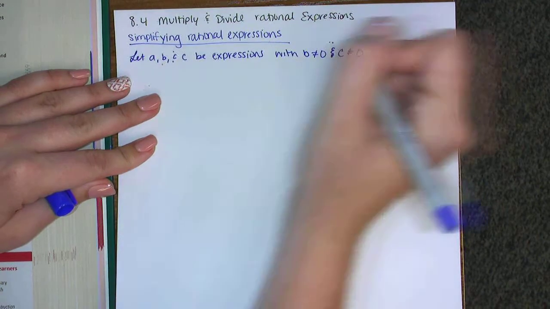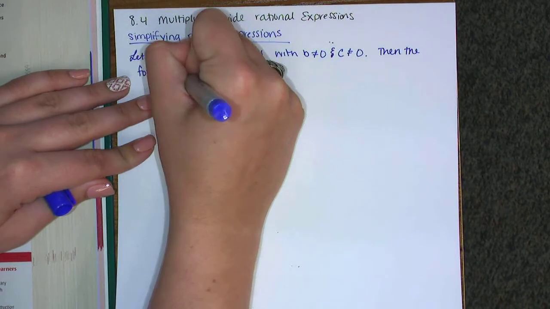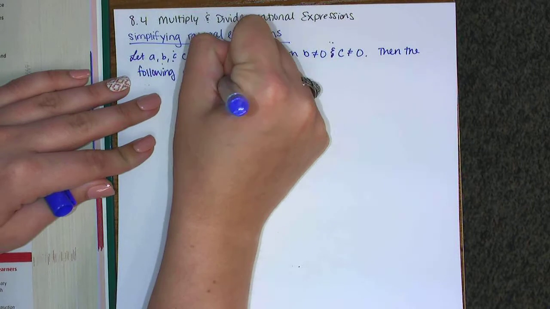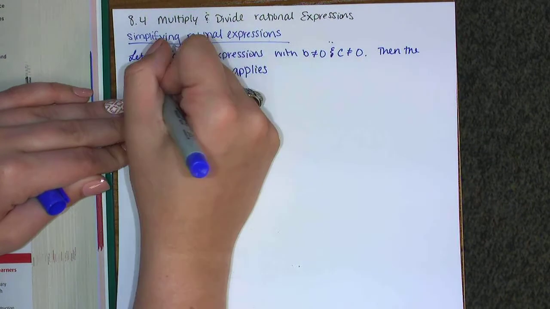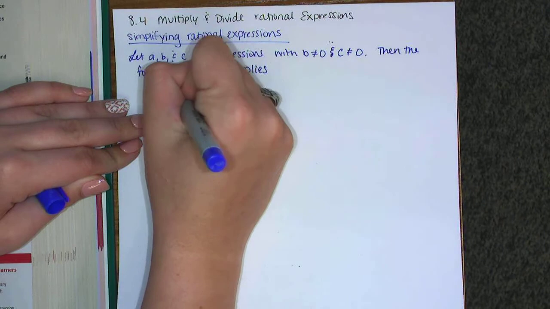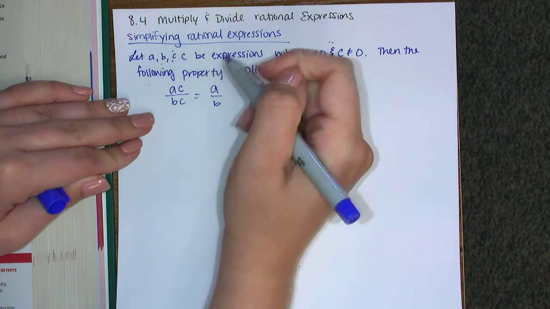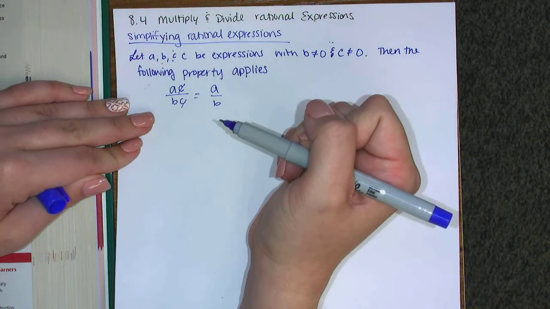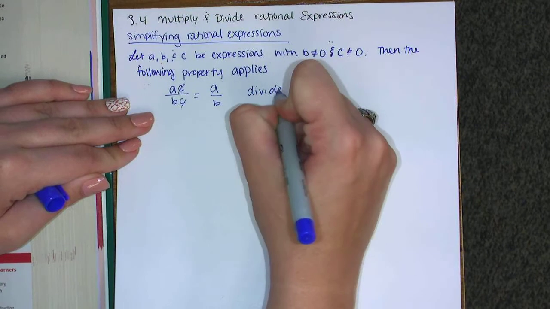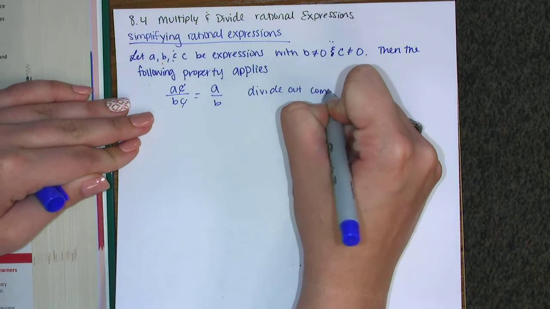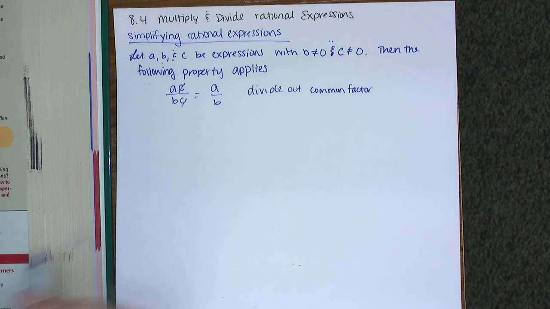Then the following property applies. So it says AC over BC is equal to A over B because you can cancel out the two C's. So you basically just divide out the common factor. That's all that's going on there.